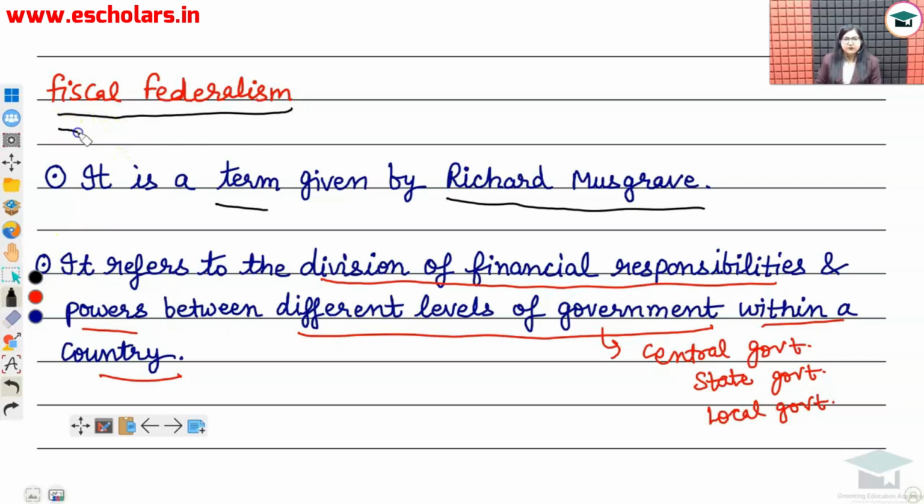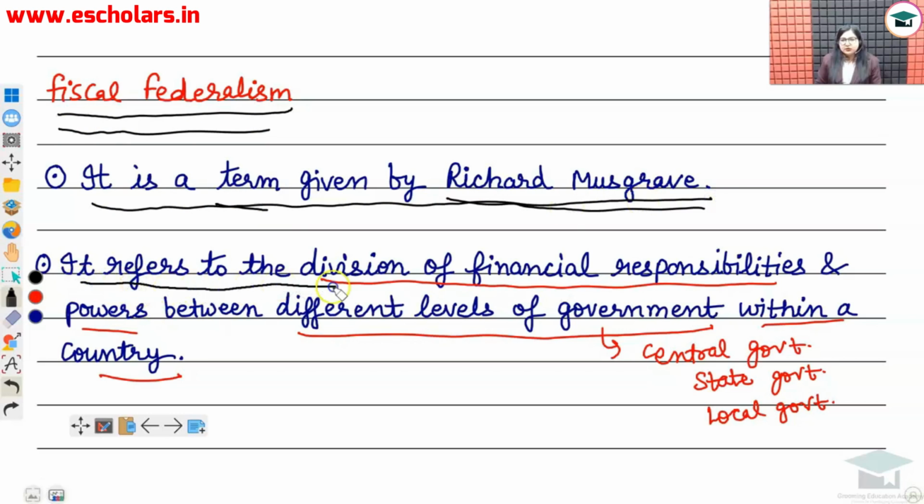So let's have a look. Fiscal federalism. It is a term given by Richard Musgrave. It refers to the division of financial responsibilities and powers between different levels of government within a country. For example, who will levy the income tax, who will levy the corporate tax, who will levy the GST is basically a part of fiscal federalism.